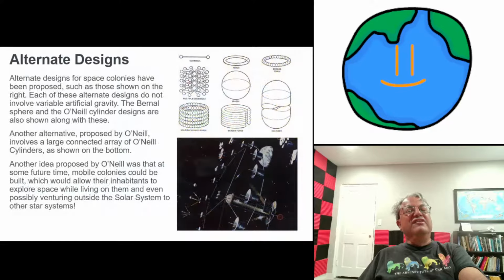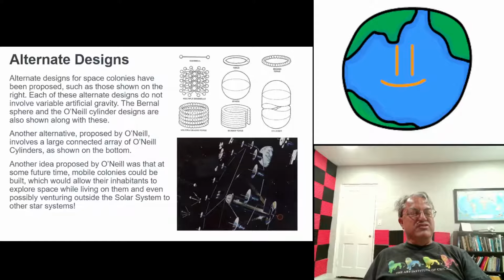Anyway, the last thing I want to talk about is alternate designs. This would be an ongoing project, obviously. I just talked about the beginning of building these colonies. Once we had a few of them already, we could do different kinds of designs.